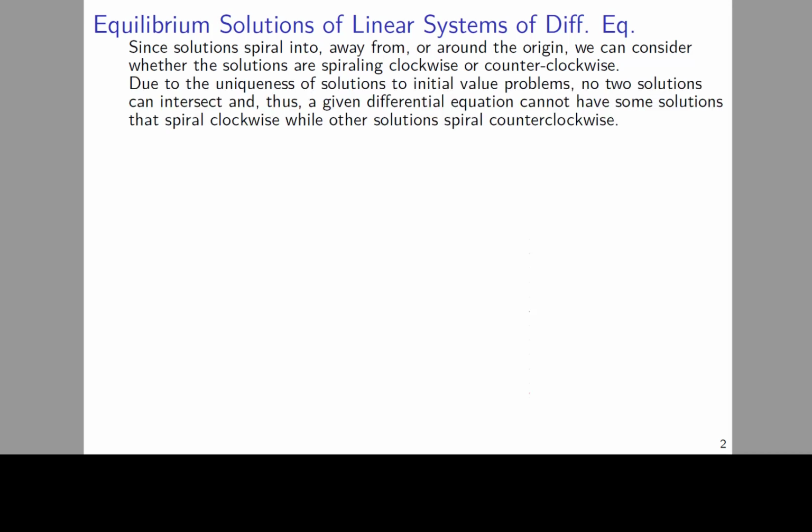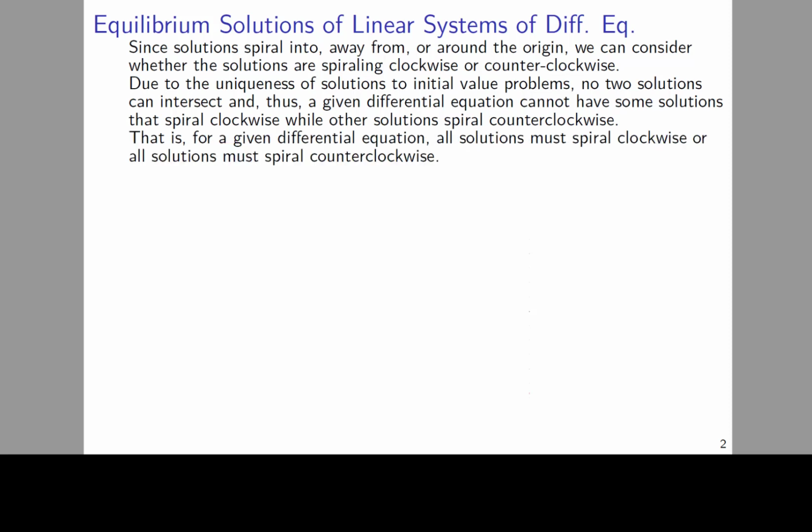And due to the uniqueness of solutions to initial value problems, no two solutions can intersect. And thus a given differential equation cannot have some solutions that spiral clockwise while other solutions spiral counterclockwise. Otherwise, they'd have to have intersecting points, contradicting the uniqueness of solutions.